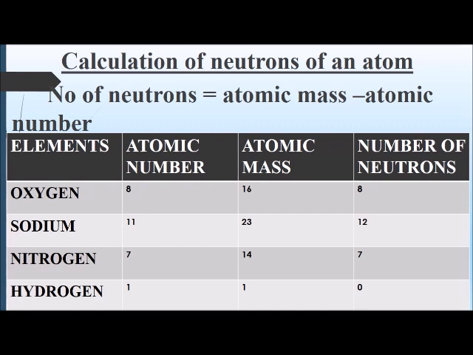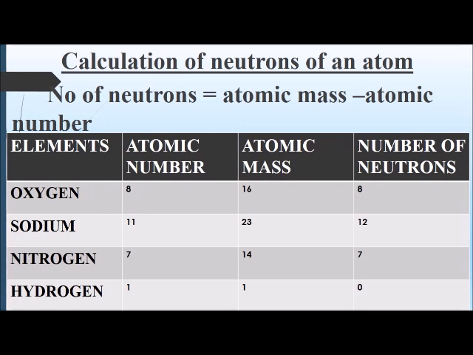Now you can see different examples, like sodium has atomic number 11, meaning 11 protons. Its atomic mass is 23. If we subtract 11 from 23, 12 is the answer, which is equal to the number of neutrons in a sodium atom. Nitrogen has atomic mass 14 and atomic number 7.